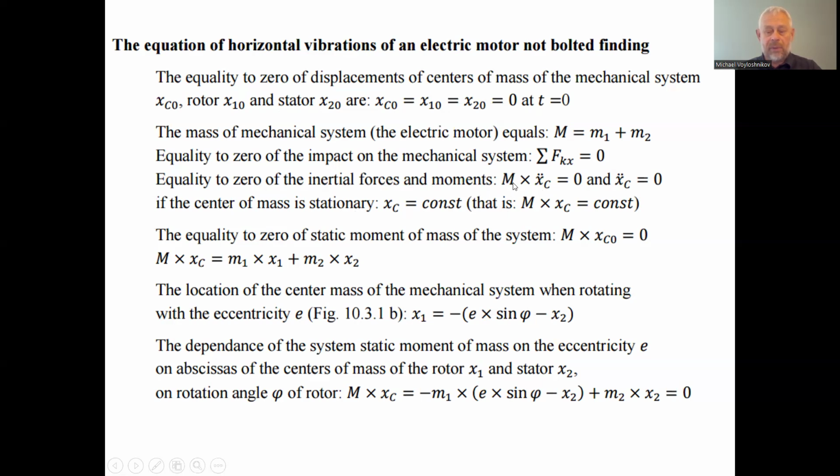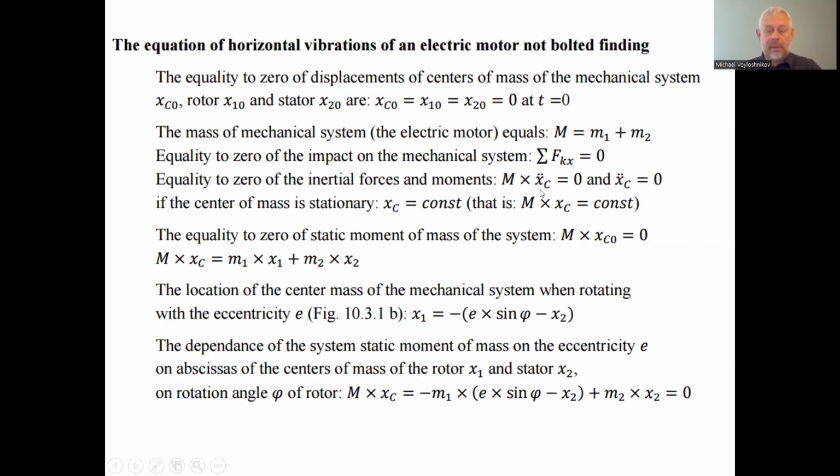So if we do not have transverse forces applied to the electric motor elements in the projection on the abscissa, we have the theorem of the motion of the center of the mass: the mass of the mechanical system, including the rotor and the stator, multiplied by the horizontal acceleration of the center of the mass has to be equal to zero.